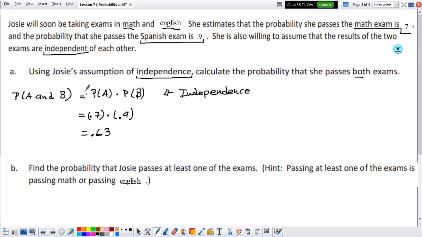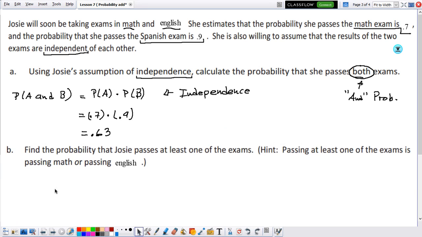Again, we can use this idea because we want to use the AND. If we use both, then this is pretty much telling you that we need to start thinking about AND probability, which we use here. And we know that they're independent, so we can just multiply their probabilities. Now, why are they asking us to find that?